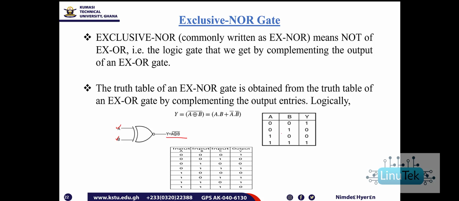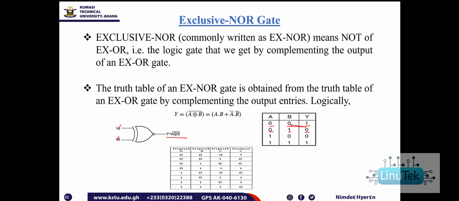So in this case, we would have 0, 0, which ordinarily would have been 0, to give us 1 because of its complement. The combination 0, 1, which would have ordinarily given us 1, is complemented to 0. 1, 0, similarly, is complemented to 0.